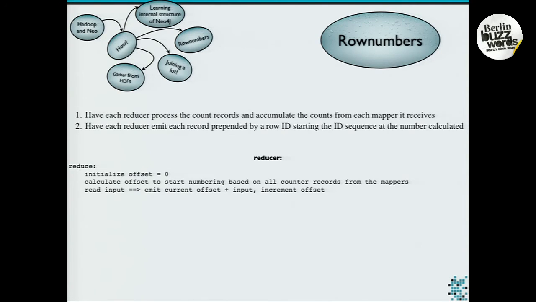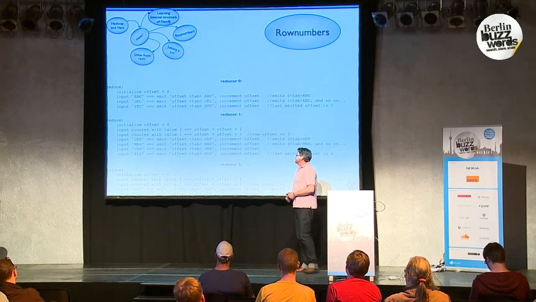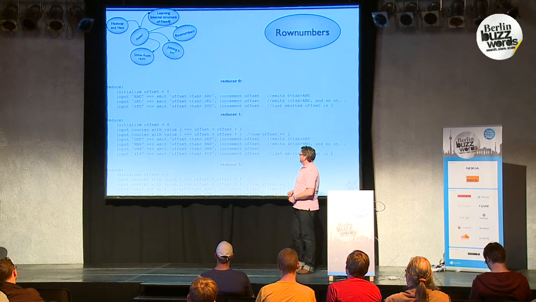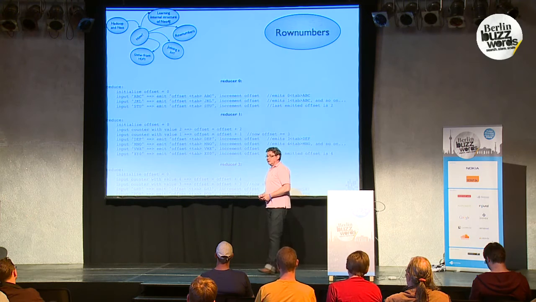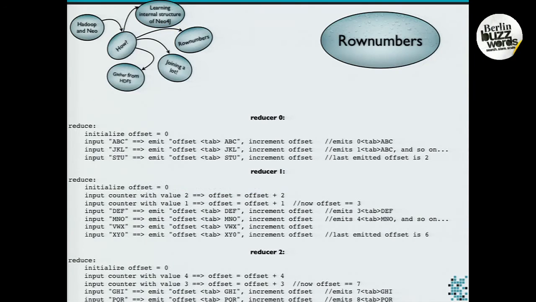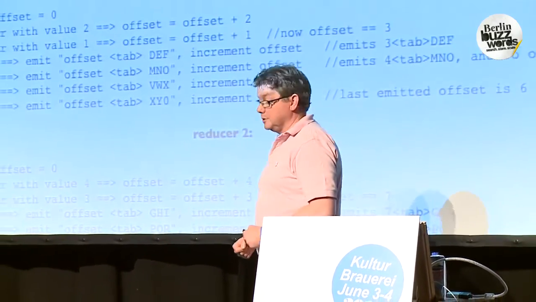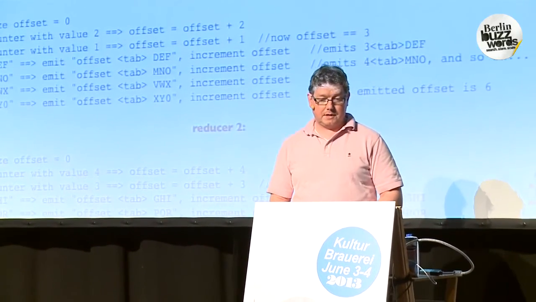Reducer 0 doesn't have to, it can start with 0. While emitting the input data, it adds the counter to it and then increments. The following reducer, reducer 1, first processes the values it got from the two mappers, 2 and 1. So the offset is 3, and it starts emitting at 3, and then 4, and so on. Reducer 2 gets different, higher values. This way you have the distributed cat -n.